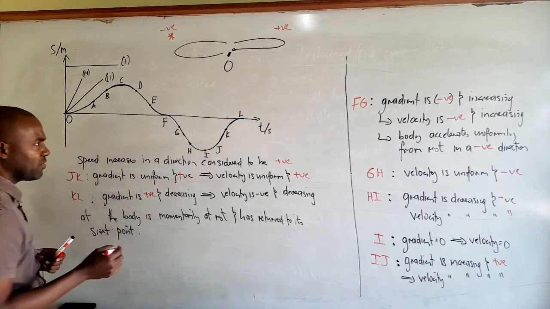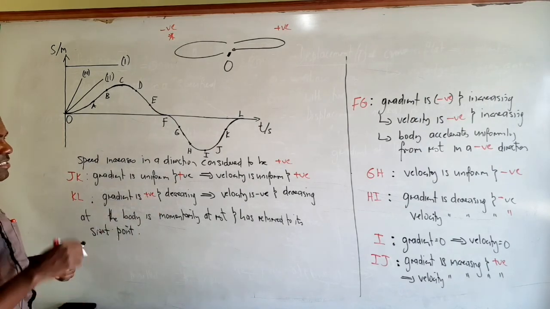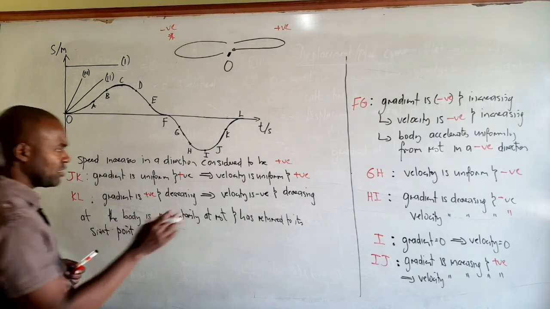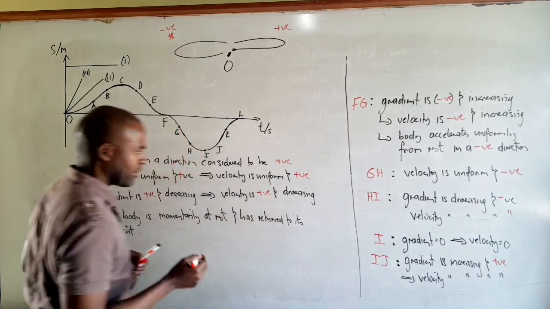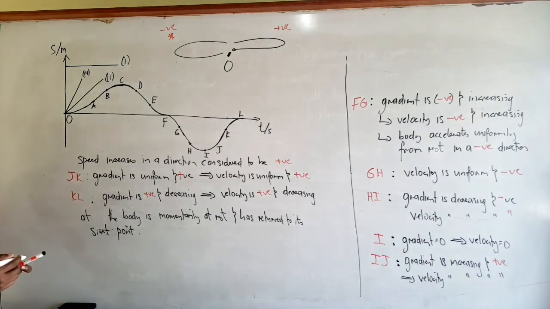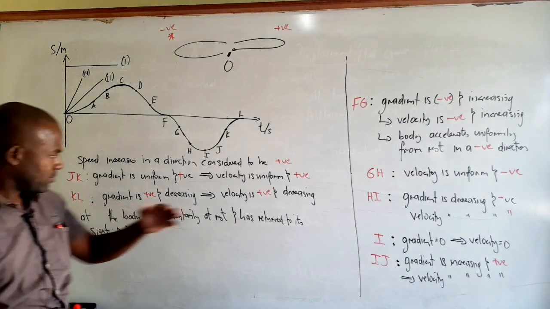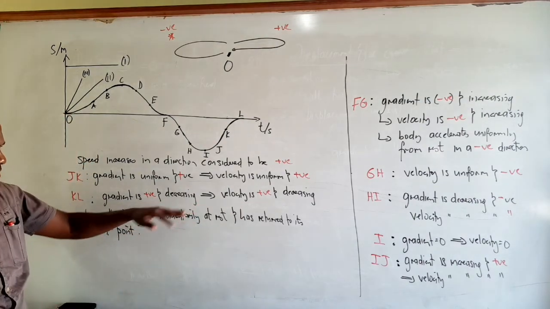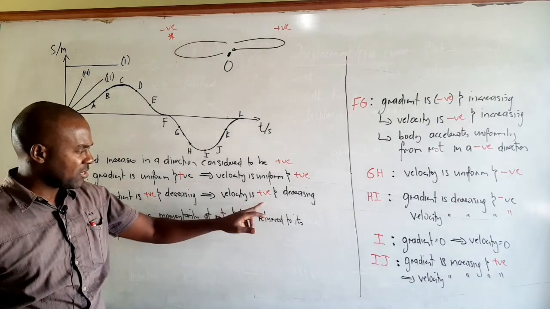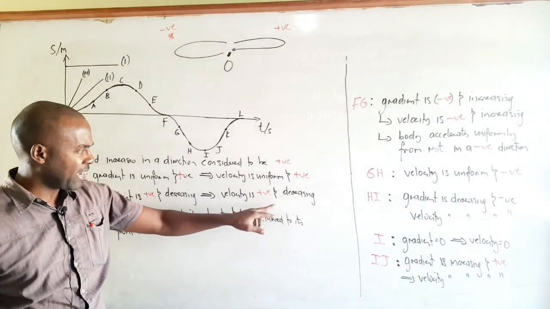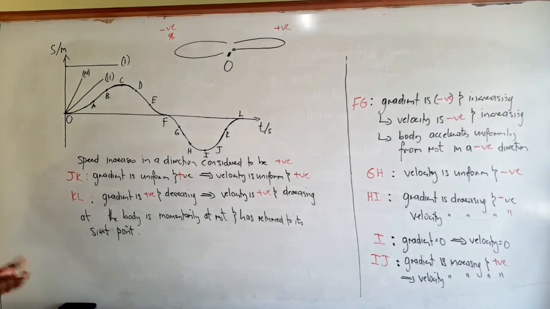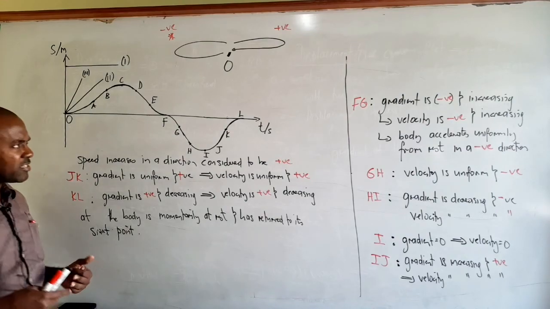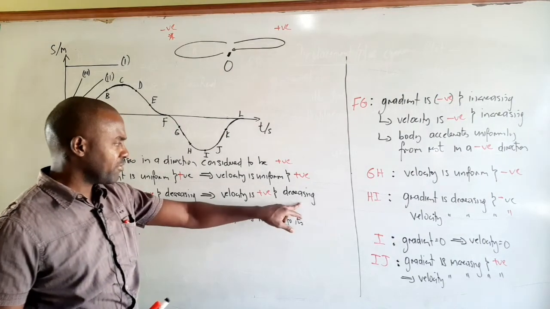So it is positive but decreasing because it is getting flatter, and so the velocity is positive and decreasing, right? So the gradient is positive and decreasing, but of course it means the velocity is also positive and decreasing. So the positive basically because of the direction, and of course it is slowing down, and hence it is decreasing.